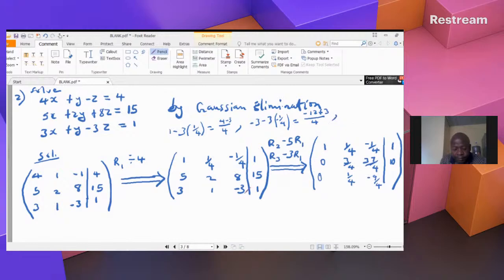And then lastly, we have 1 minus 3 multiplied by that one, and this gives us -2.